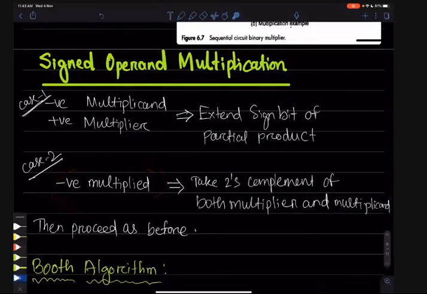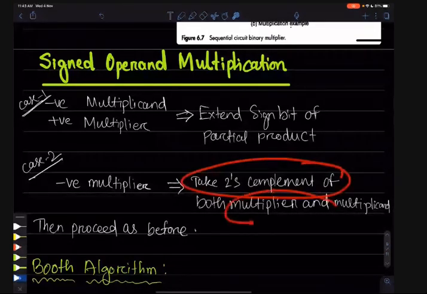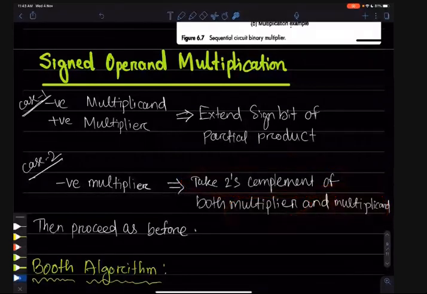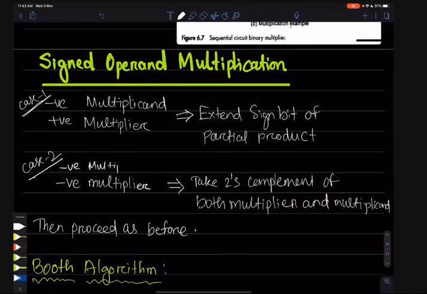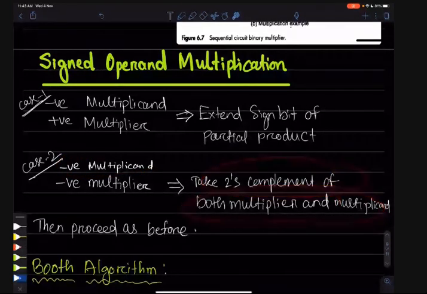Now there is another case where the multiplier is negative. In that case, what will you do? Whenever the multiplier is negative, you have to take the 2's complement of the multiplier and the multiplicand. If the multiplier is negative and the multiplicand is also negative, or positive, then also you can take the 2's complement of both the multiplier and multiplicand.